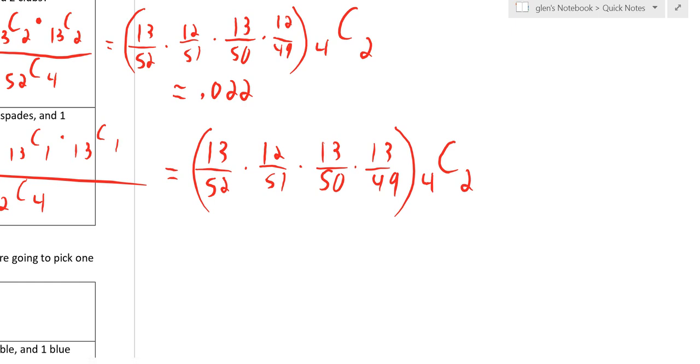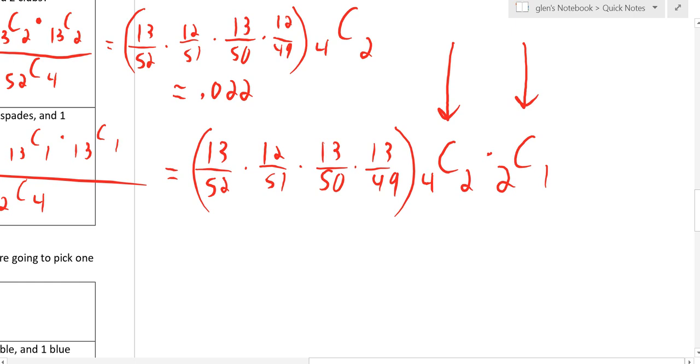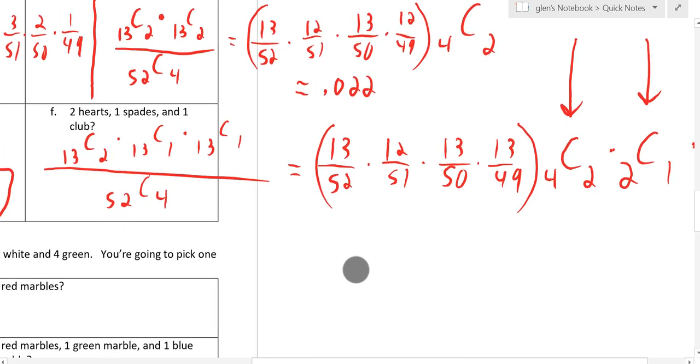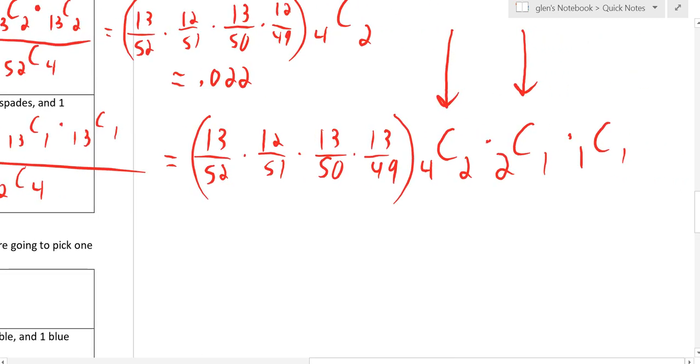There's 2 spots, and I have to choose one of those to be a spade. This is and. I need 2 of the 4 to be hearts, and of the 2 remaining, I need 1 to be a spade, and technically, of the 1 remaining, I need 1 to be a club. But 1 choose 1 is just 1. Once you choose the first 3, the other one's just automatic. So that's why that's not there.